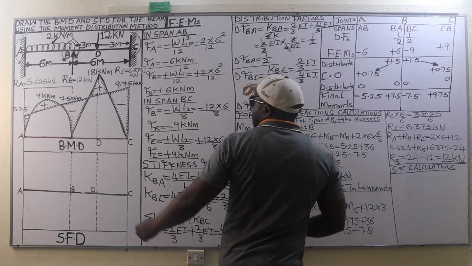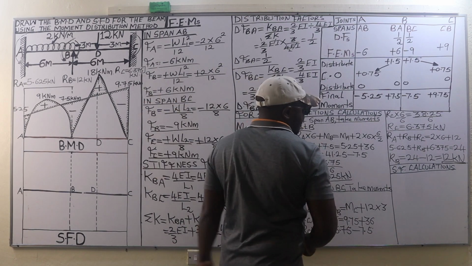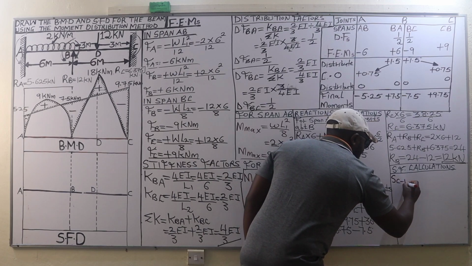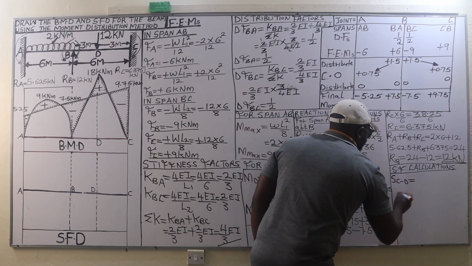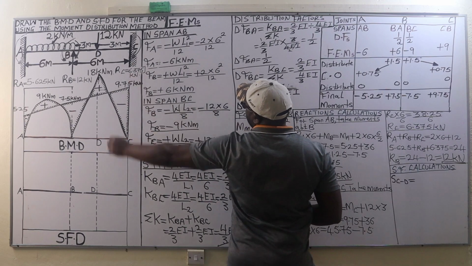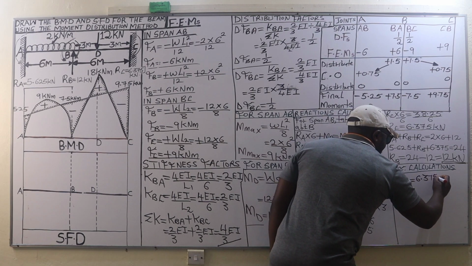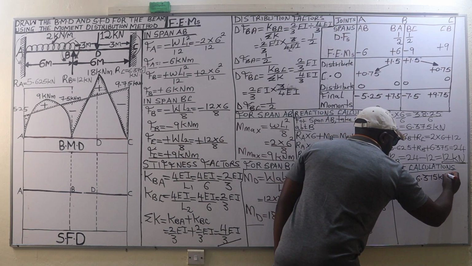We are going to begin with the shear force between C and D. So the shear force between C and D will be equivalent to the reaction at C, which is 6.375 kilonewtons.